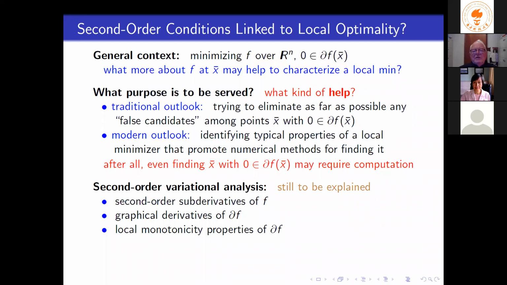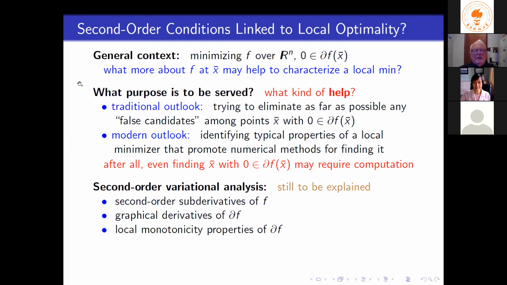I could just write down the condition for a local minimum if it comes to that. What I want to emphasize is the word help. What may help to characterize it? I mean help. So what is the purpose to be served by this? What kind of help is it that you're looking for?